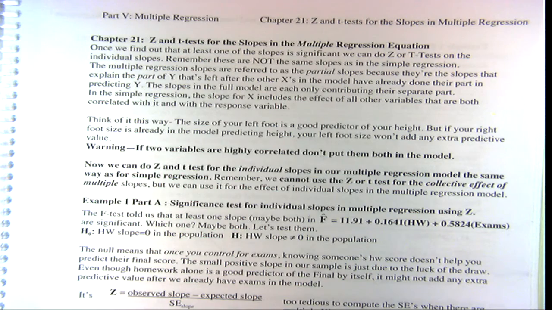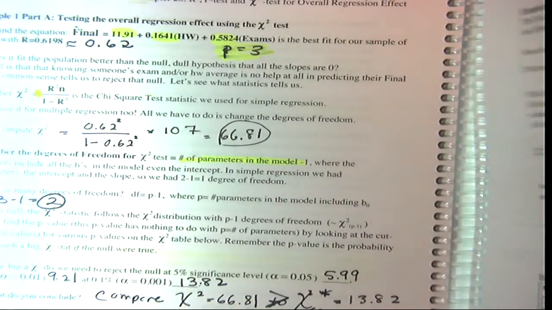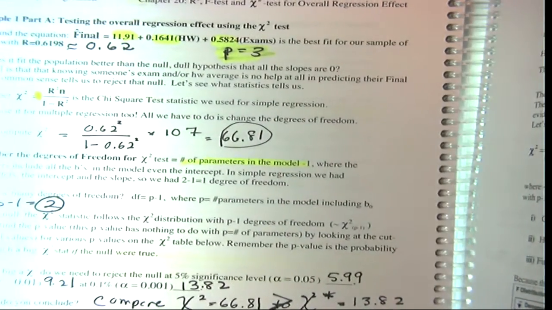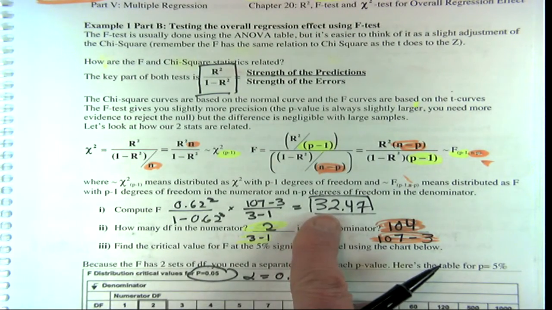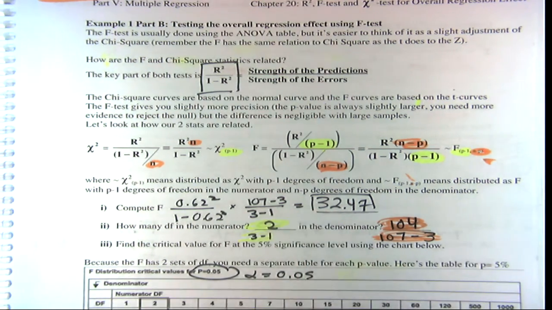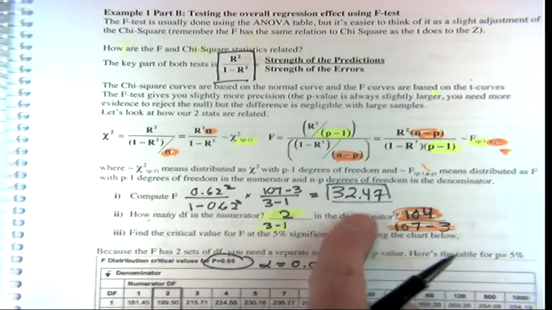We found that the overall chi-squared and F were both huge. It was back when we were testing this model. It was 32.4. That's a huge F statistic. And so we said the p-value is tiny there.